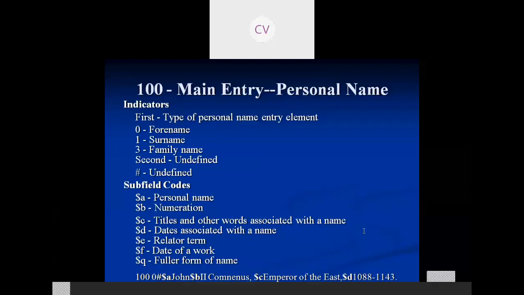So the S. R. is Shiyali Ramamrita, that is the fuller form of the name. So that should be recorded in the $q field. In this example, there is no fuller form of the name. That's why I have mentioned it in the S. R. Ranganathan example. Okay. Then 110.